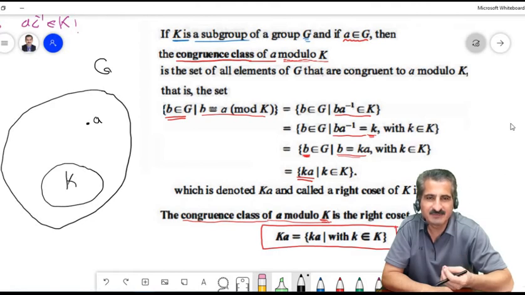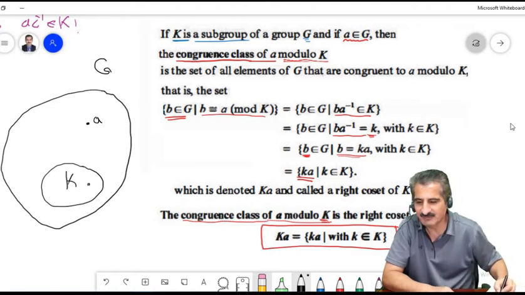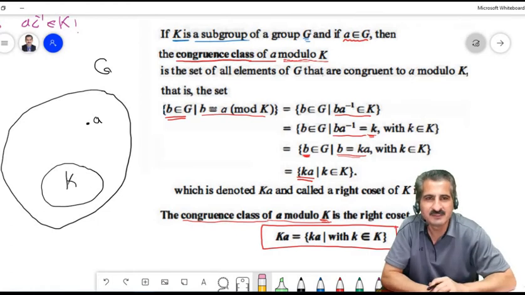If we choose A to be here, inside K, then KA will be K itself. So this will be trivial, because we said any two elements inside a subgroup are congruent. If you take an element from the subgroup itself and call all elements that are congruent to it, they will just be simply the subgroup itself.